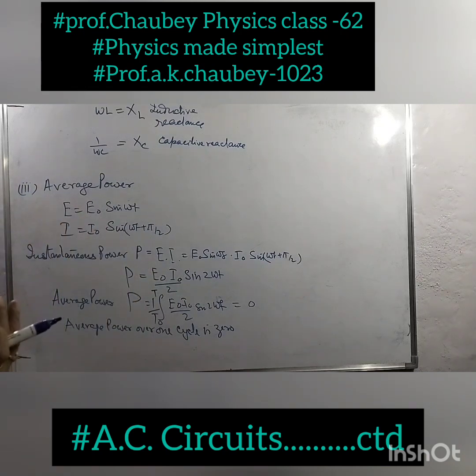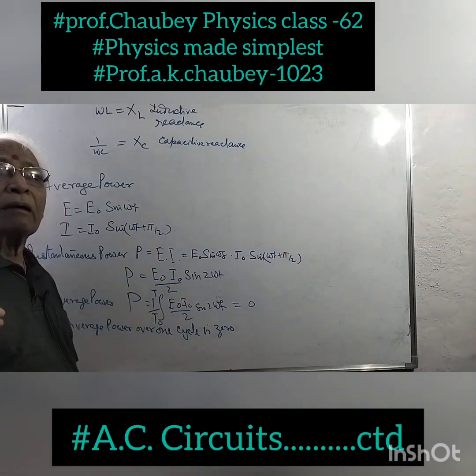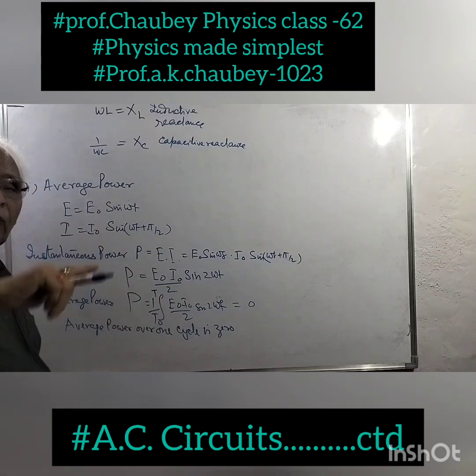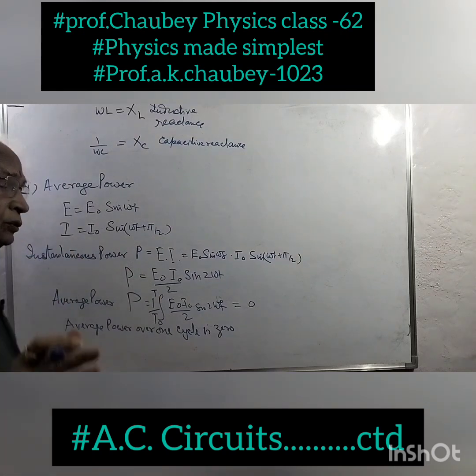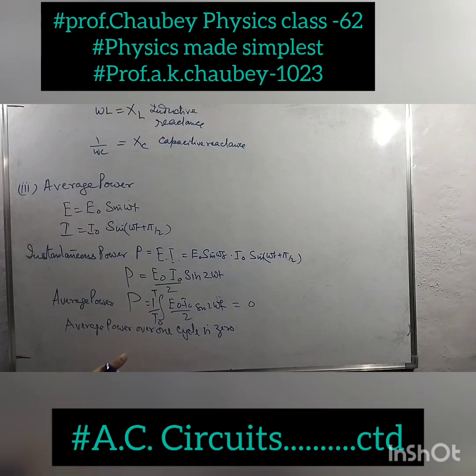So total power is 0. For half cycle it is positive, for half cycle negative. So the total capacitive power average for one full cycle is also 0, just like the inductance case. So average power in the capacitor circuit and in the inductor circuit are all 0.